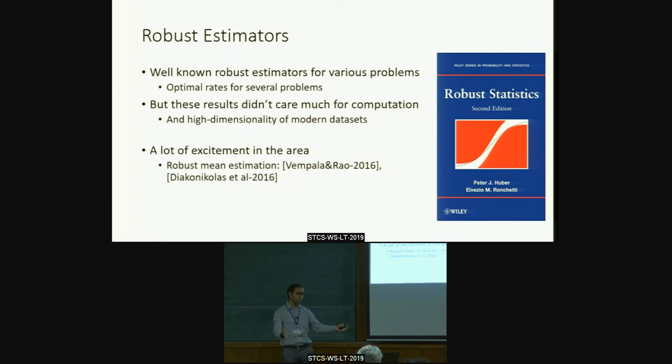I give you a bunch of data points coming from a distribution. I add a few outliers. And now your goal is to robustly estimate the true mean of the distribution. That problem itself was open until 2016, at least using an efficient method, when Vempala and Rao, as well as Diakonikolas and his co-authors, came up with very interesting solutions to solve the problem.